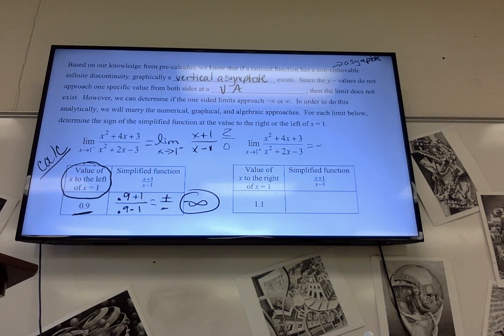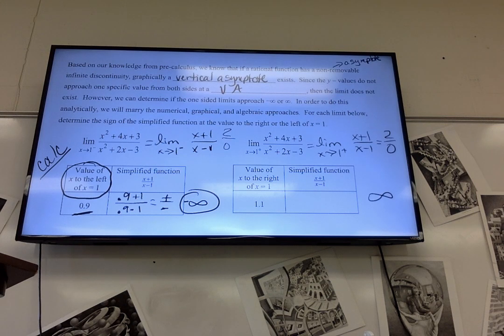Okay, so this one, same thing. Limit as x approaches 1 from the right. It doesn't matter if it's left or right when you plug it in. It's still 2 over 0. So again, I know it's going to be some kind of infinity. I just got to figure out, is that positive or negative?